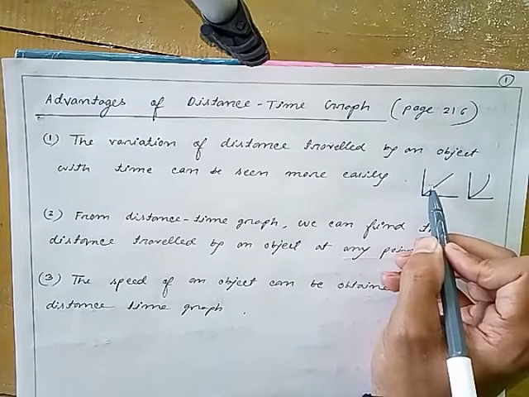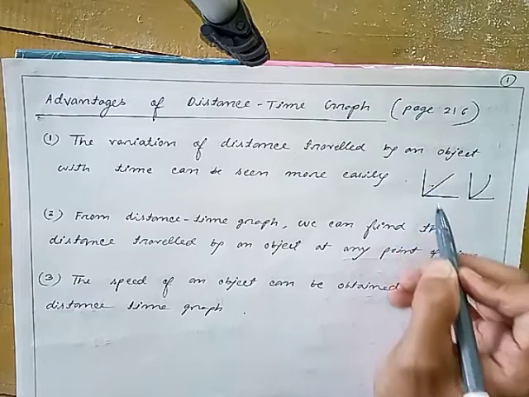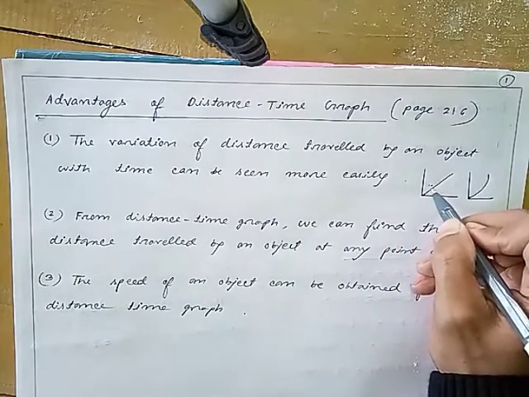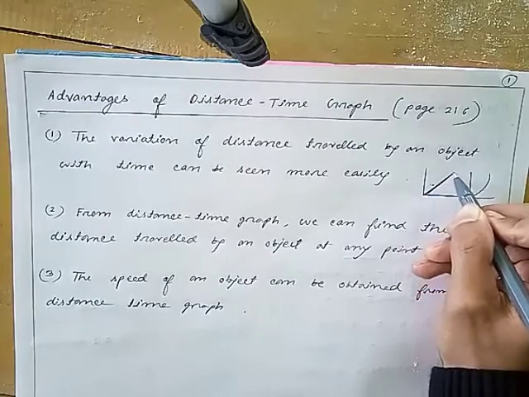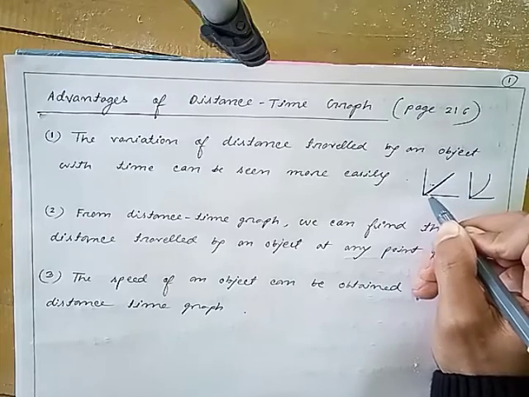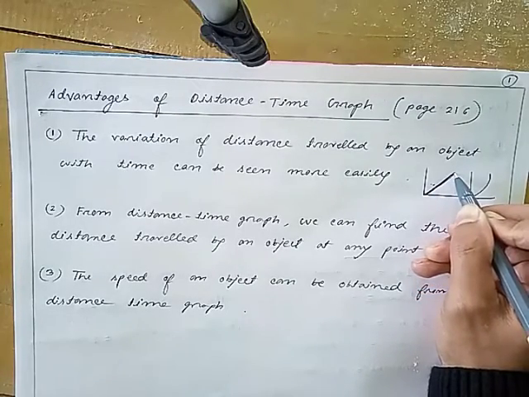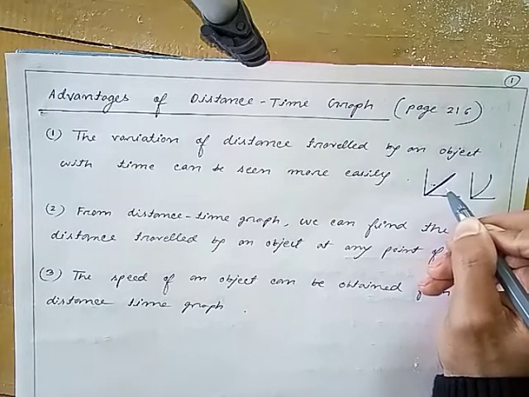From these two distance time graphs we can easily say that this represents uniform motion. From this graph we can say that the object is moving with uniform motion because you can clearly see a straight line. Whenever you get a straight line in a distance time graph, you can say that it is a uniform motion.